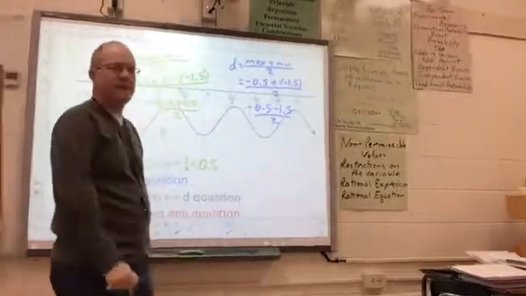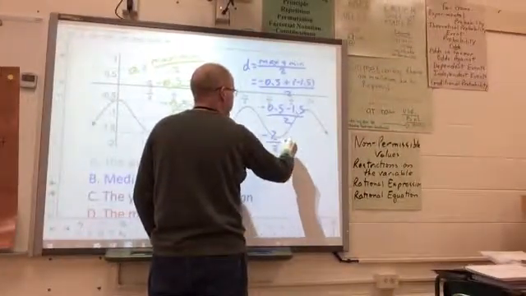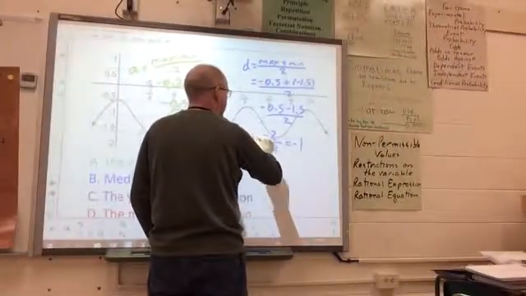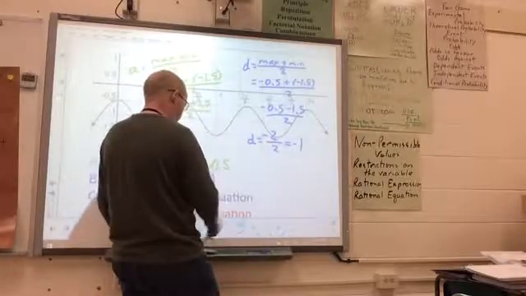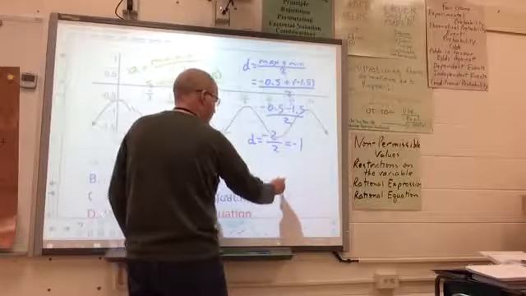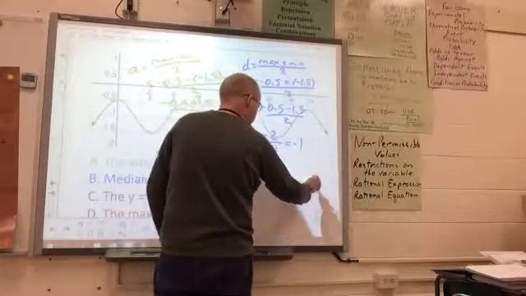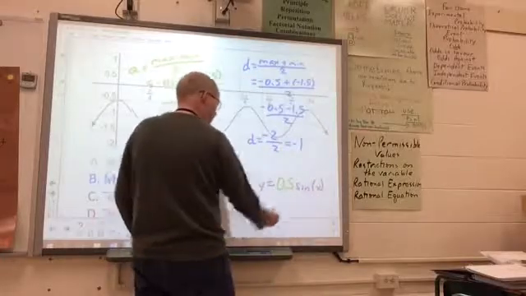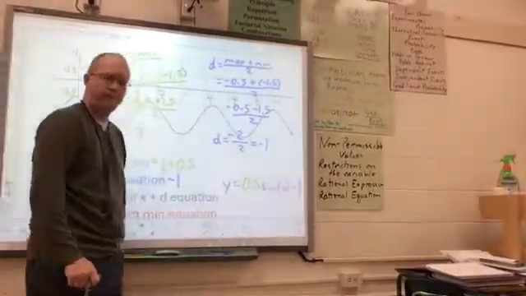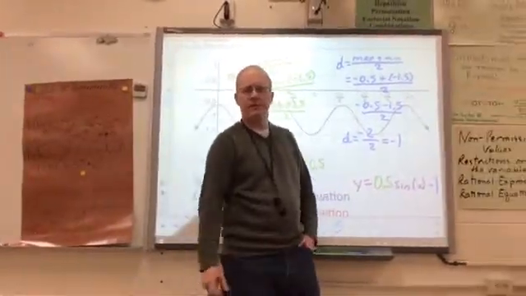You owe somebody 50 cents and you owe somebody $1.50, you owe them minus 2. So D is minus 1. So this is y equals 0.5 sine of x minus 1. All right? I'm going to let you look at that for a moment.